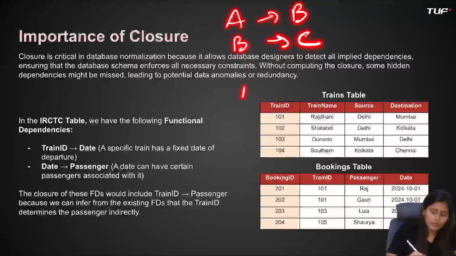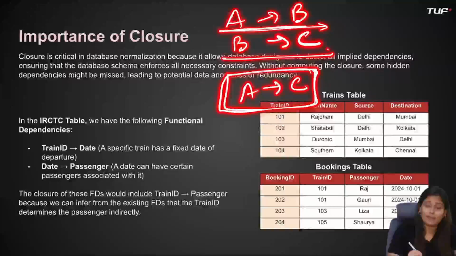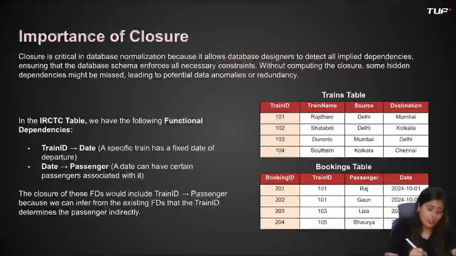With the help of transitivity we can say A has a direct relation with C, but if we are not finding it out, then we are stuck in a loop that A determines B, then B determines C, and what if the number of tables is so large, the number of columns is so large, right? So instead of directly finding C from A, we are finding B from A, then again C from B, right? If we are not doing so, it can lead to potential data anomalies or duplicate values also.